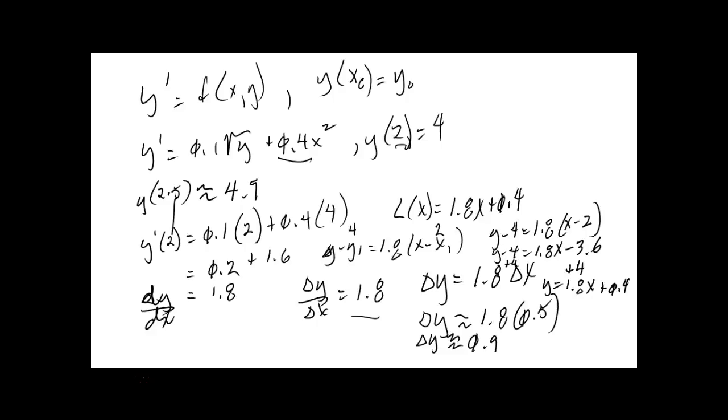So L of 2.1, say, is equal to 1.8 times 2.1 plus 0.4. And if you got a calculator, plug that in and see what you get. What do you get for L of 2.1?